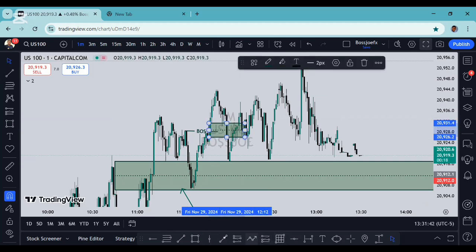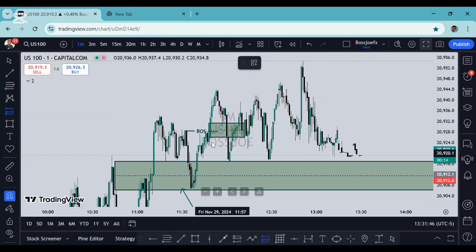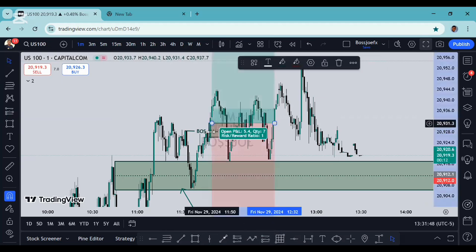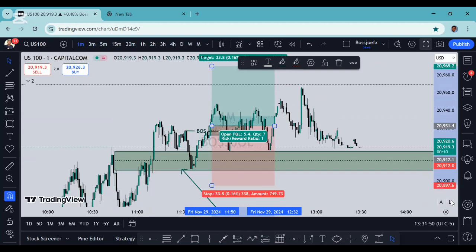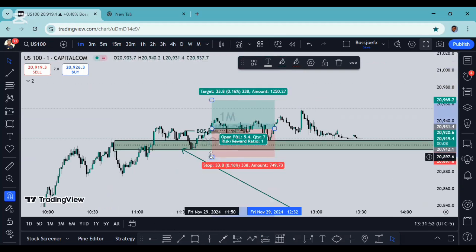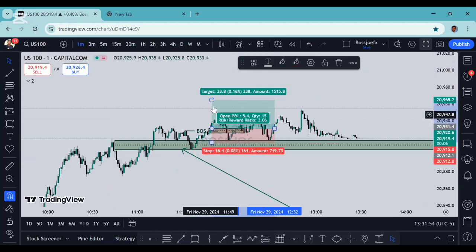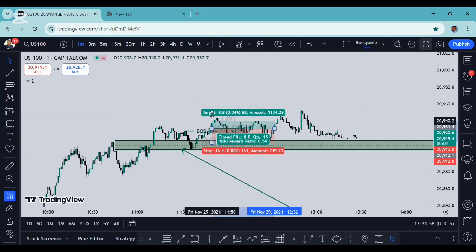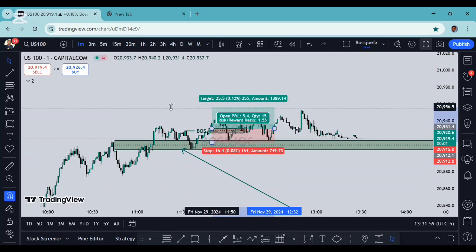What I would have done if I was trading this is exactly this: find a position entry here, target my 1:1. Where will my stop loss be? Right here. I'm looking for exactly 1:1.